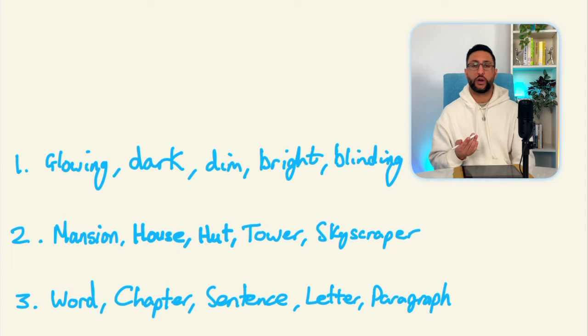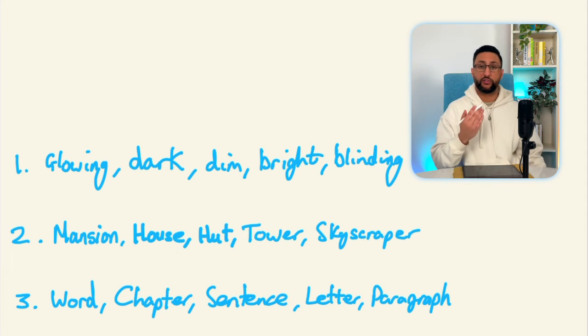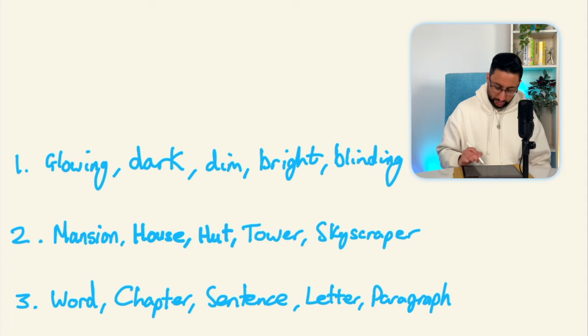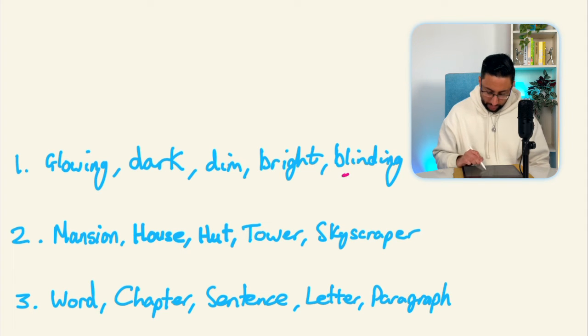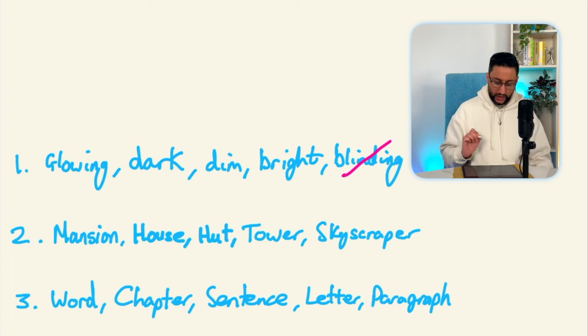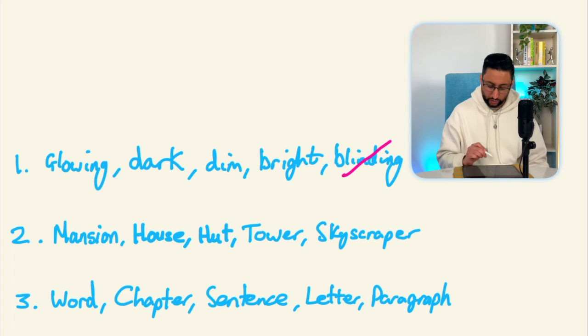So after looking at these words, I'm going to say that they're all to do with levels of brightness. So we're going to say blinding is the brightest thing there. And out of the remaining four, dark would be the darkest one out of the five. We're now left with glowing, dim, and bright. Out of the remaining three, I would say bright is the brighter one of the three.